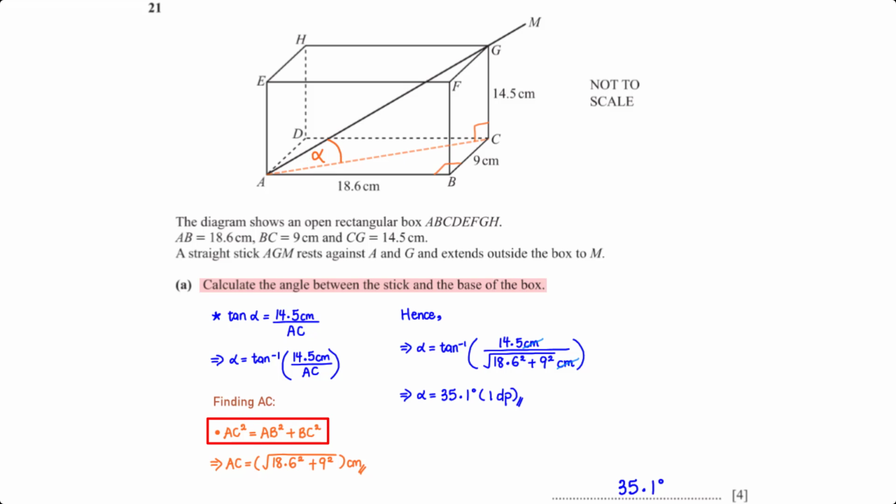This gives us AC squared equals AB squared plus BC squared. When we make AC the subject and plug in the values of AB and BC, this is what we have. When we plug this into the equation we have for alpha and type this into the calculator, we get 35.1 degrees rounded to one decimal place.